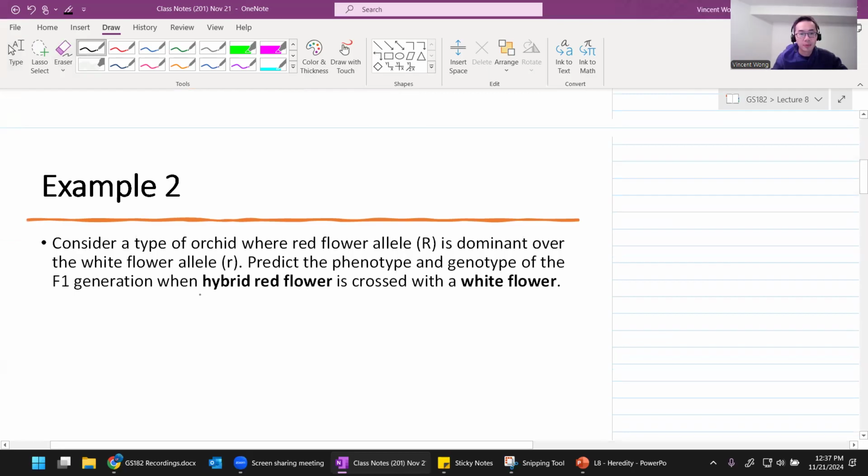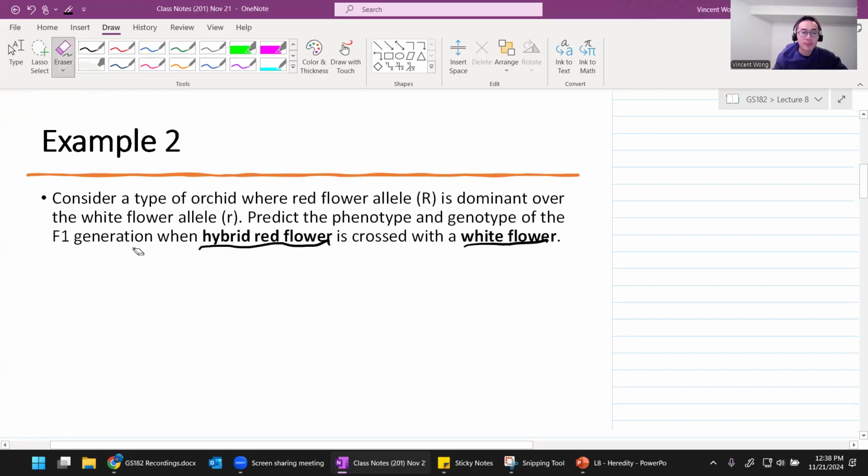Right, we have a hybrid red crossed with a white. Even though I didn't tell you whether the white is hybrid or pure, you should already know it is pure. Since white is the recessive trait, automatically it's going to be pure. Okay. So here, it's the same kind of orchid.